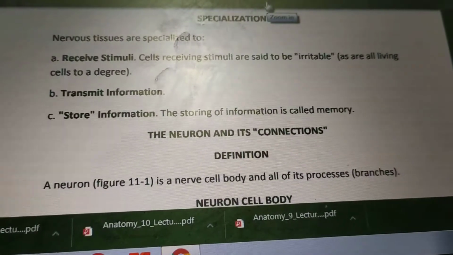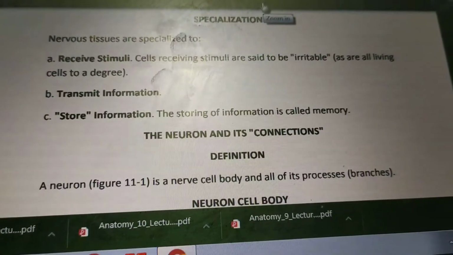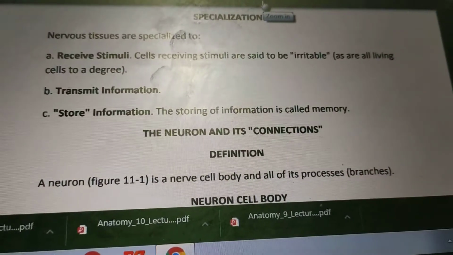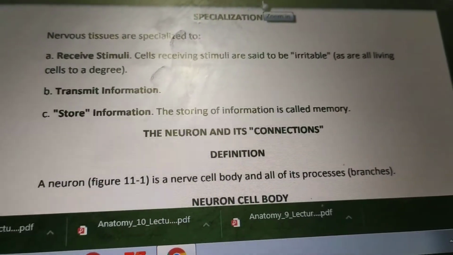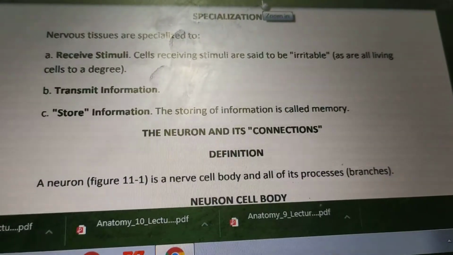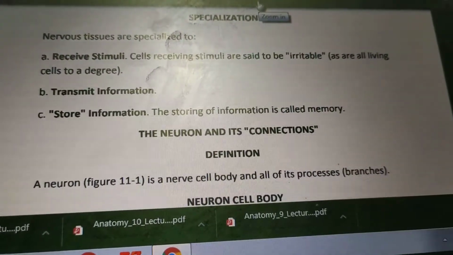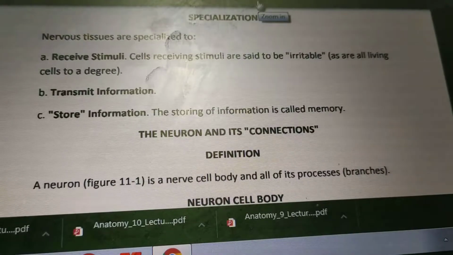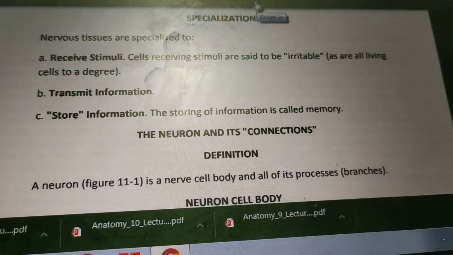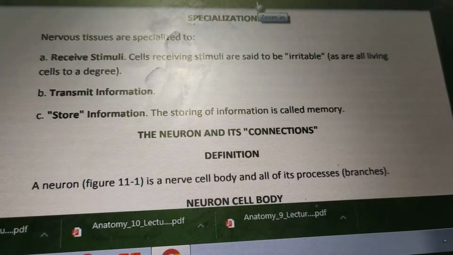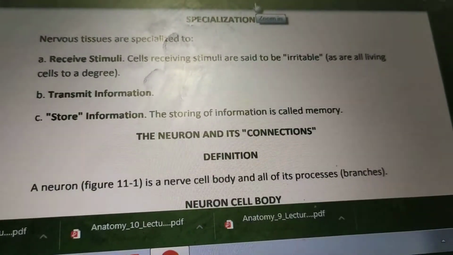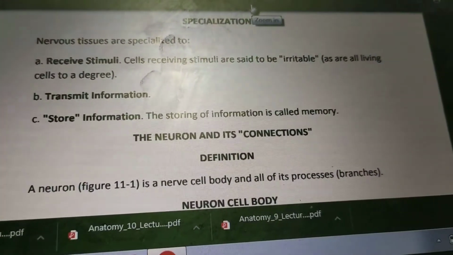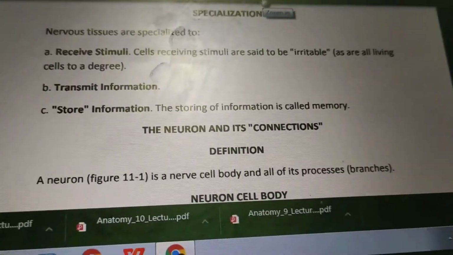Second, transmit information, and third, store information. The storing of information is called memory. So a cell that receives stimulation is called a receiver of stimuli, then transmit or transfer information, and store information, which is memory.